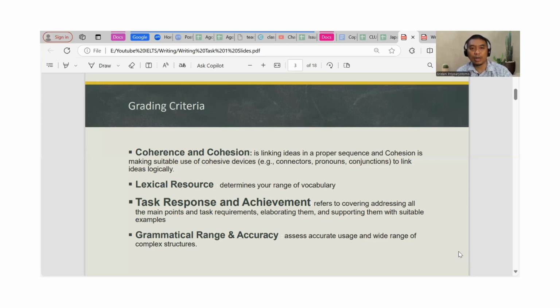IELTS is going to examine that. Next in grading criteria is task response and achievement. What is that? It refers to covering and addressing all the main points and task requirements, elaborating and supporting with suitable examples. In other words, it basically checks whether you are actually answering the question given or not, in a focused way.